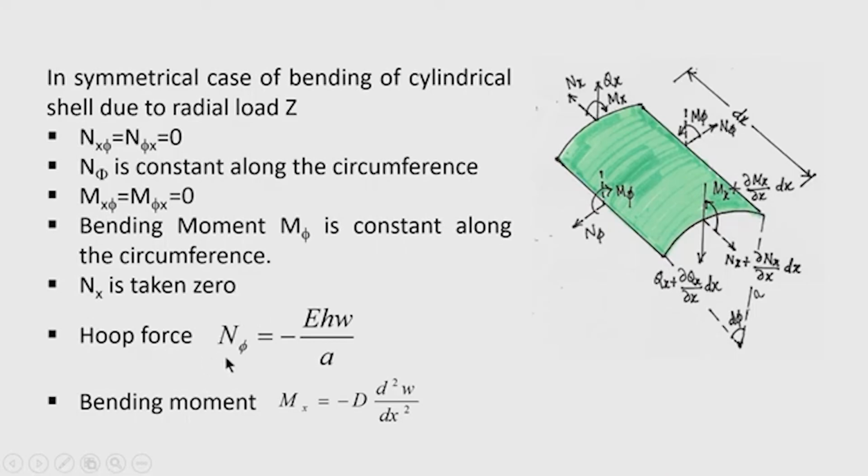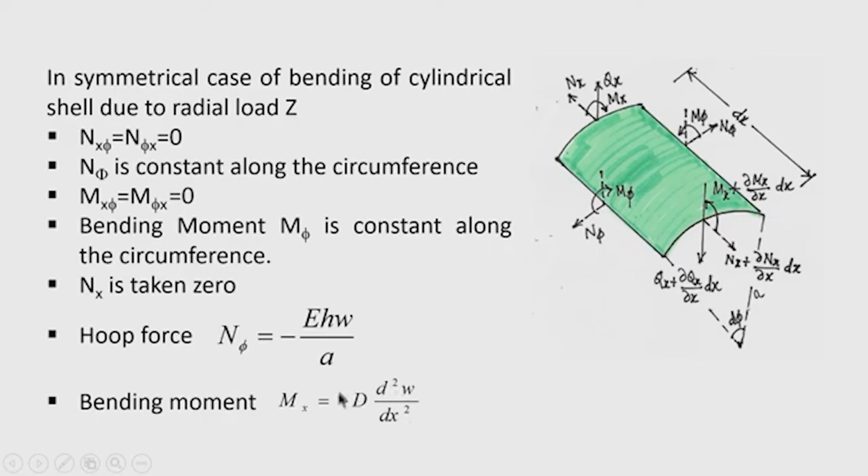Hoop force n phi is equal to minus E h w by a, where w is the radial deformation of the shell, which causes the change of diameter, and a is the radius of the shell. Bending moment along any longitudinal distance measured from the origin is given by m x equal to minus D d square w by dx square.